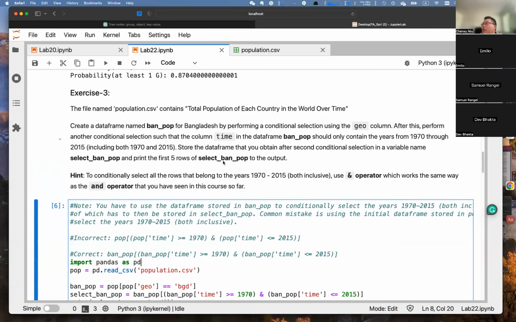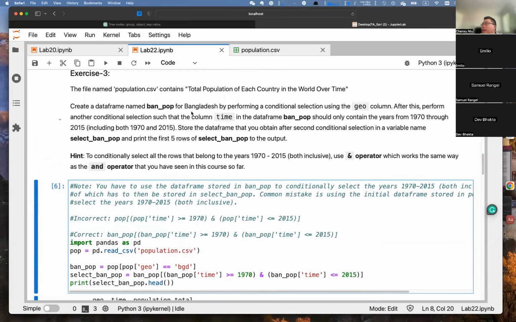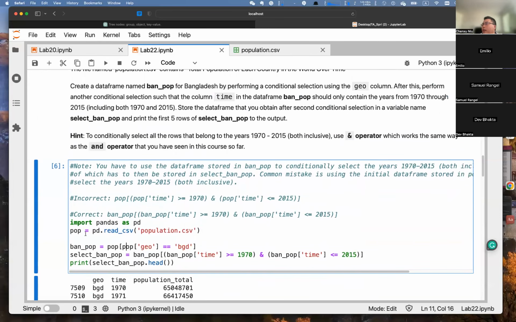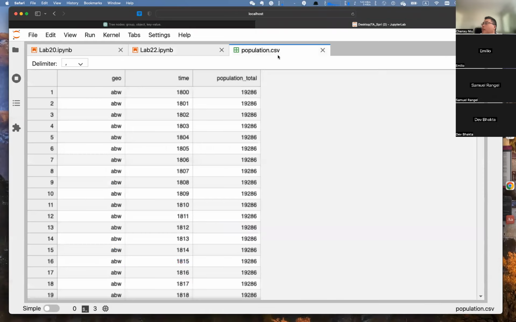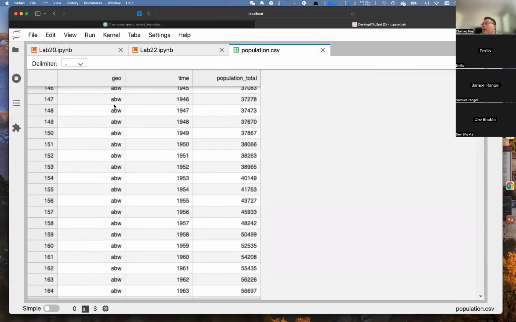And in this way, we use the country code, right? So that's why here this is the first data frame. We call it pop. And the second one we call pop, and it's a conditional selection. It means the geo column would be BJD, would be this one, right? So the code for a country.